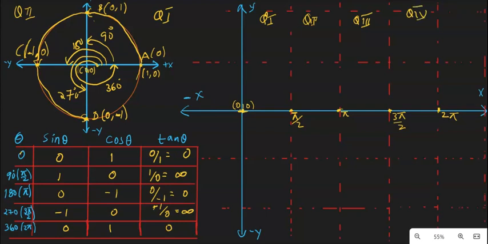Alright, so let's see angle 0. On angle 0, the sine value is 0, which is right here. Let's plot the sine curve on the xy axis. At 0 the sine value is 0, at pi over 2 or 90 degrees it's 1, which is right here, and at 180 degrees it's back to 0 here.